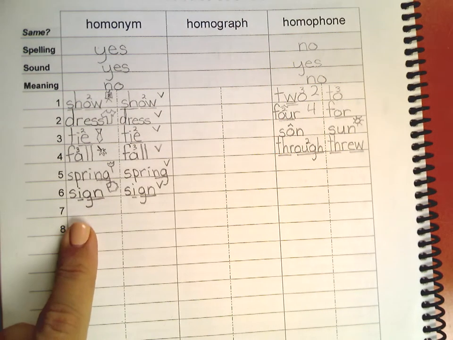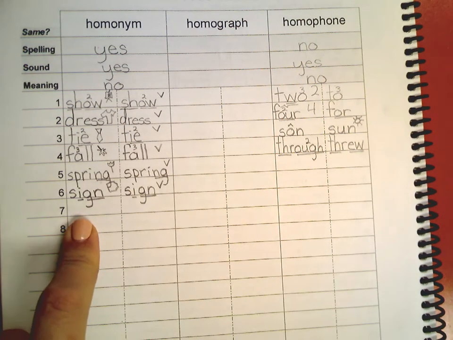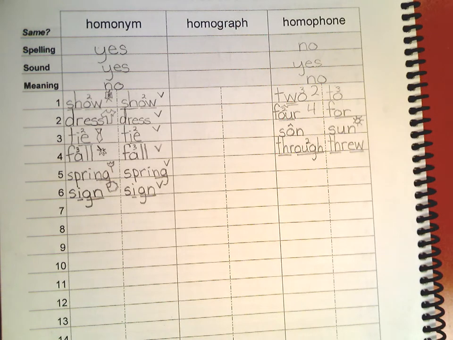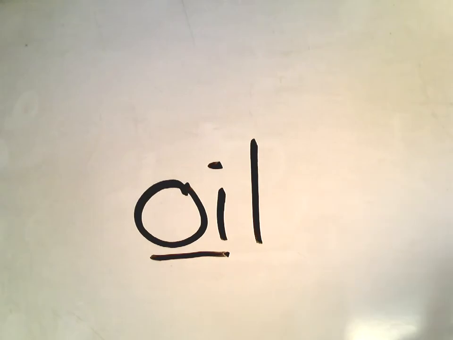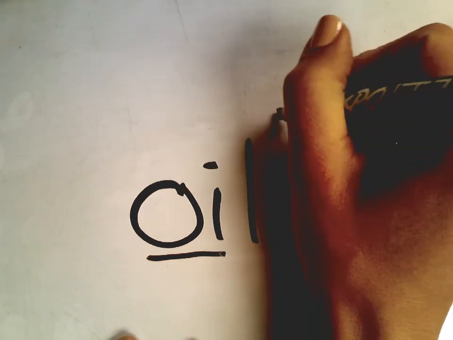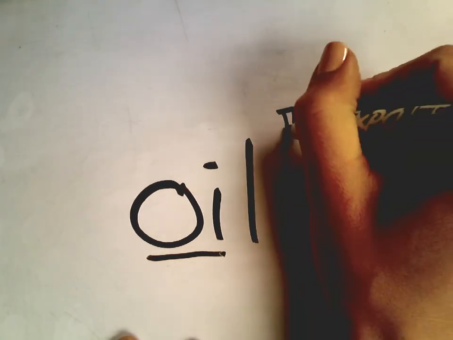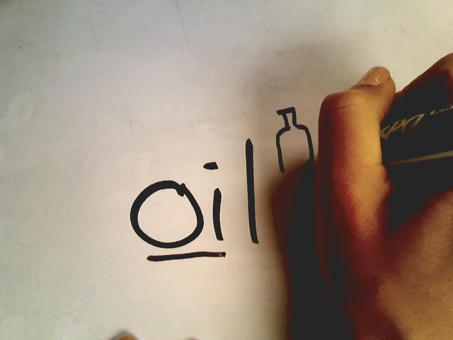All right, so your next free line in the homonym column, first we'll write oil, the noun. So go ahead and write and mark oil. Which oi do we use in oil? Good, oi. That we do not use at the end of English words. All right, write and mark that. And then next to it, I'll draw a little bottle of olive oil.